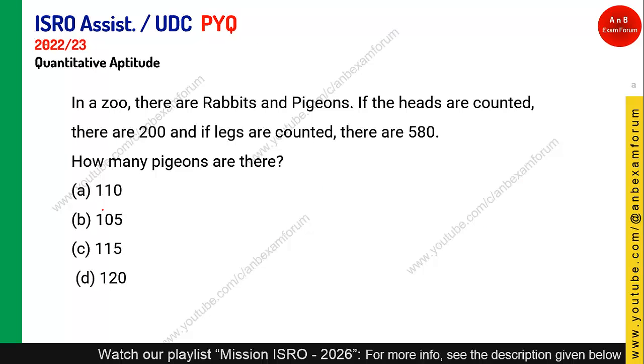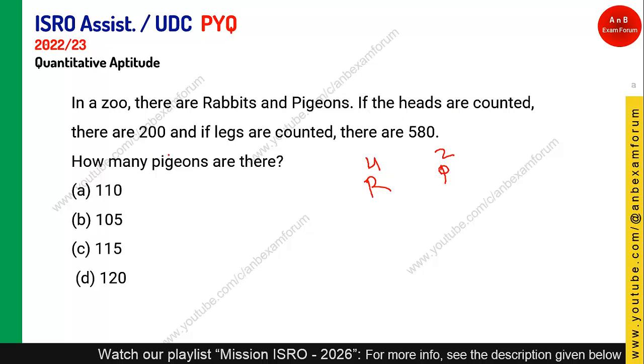The next question: in a zoo there are rabbits and pigeons. If the heads are counted, 200; if legs are counted, there are 580. How many pigeons are there? Okay, so I will make rabbit as R, pigeon as P. First you need to understand rabbit has 4 legs, so I will make 4, and pigeons have 2 legs, and head, all of us know they have a single head.